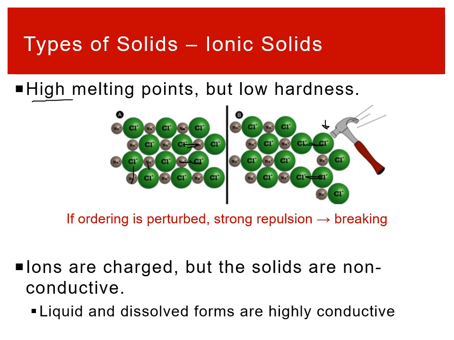That is repulsive. All of a sudden the solid, instead of being held together, is being pushed apart. So ionic compounds have low hardness, and it's relatively easy to break a piece of salt. It's hard to melt it, but you can break it up into little bits. It's very crumbly, and easy to break with your hands.